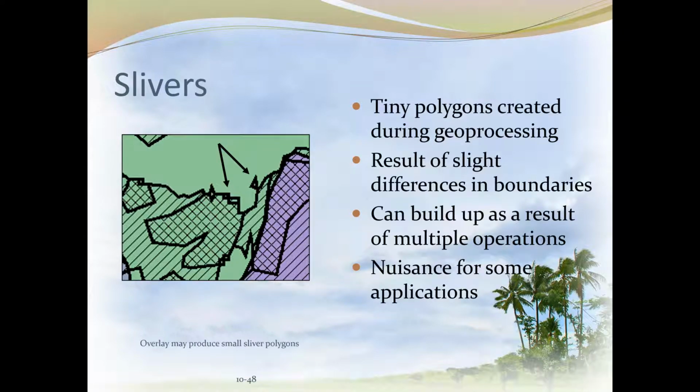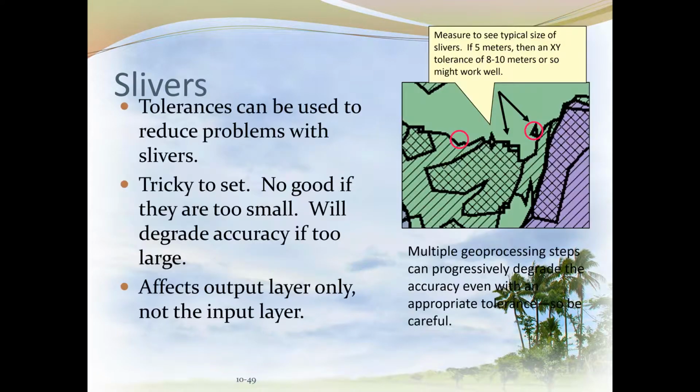In theory, the boundaries should match exactly, but in practice, few datasets have been corrected to this level of integrity. These slivers do not represent real combinations of values and are a nuisance when calculating statistics or performing subsequent operations. It is often desirable to prevent slivers when overlaying.